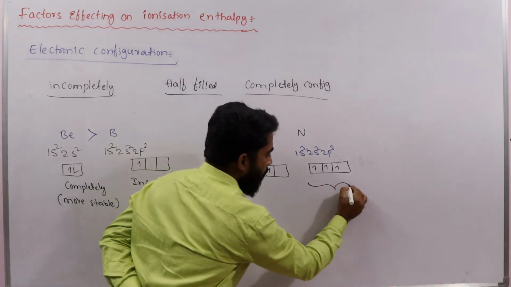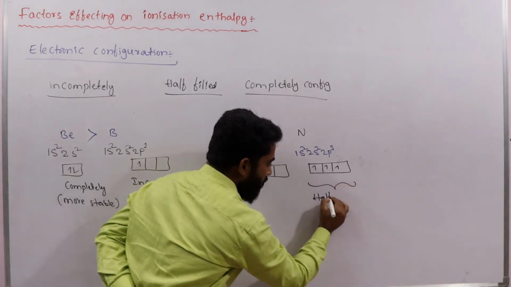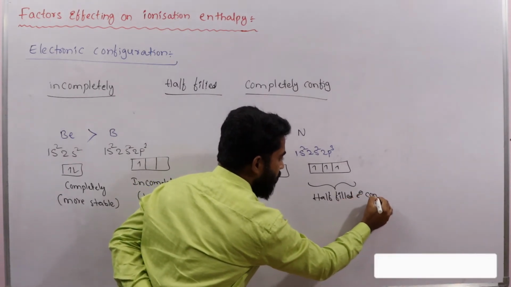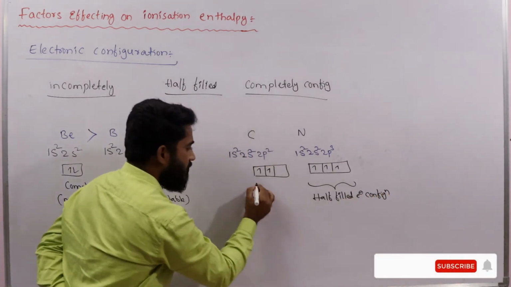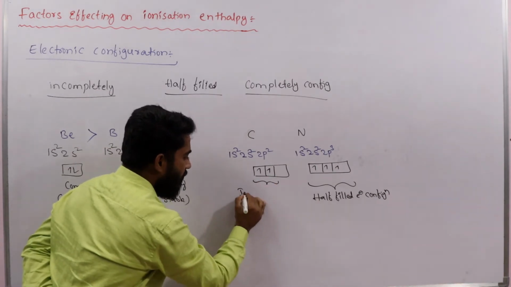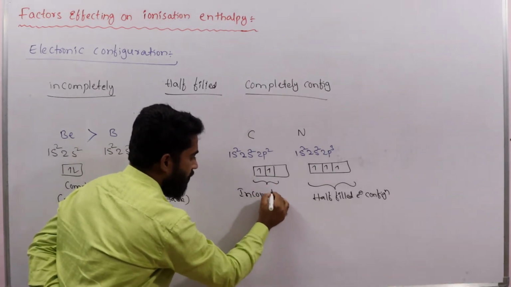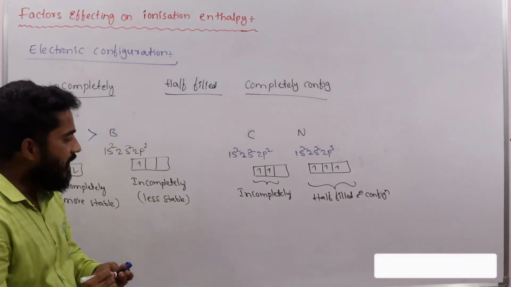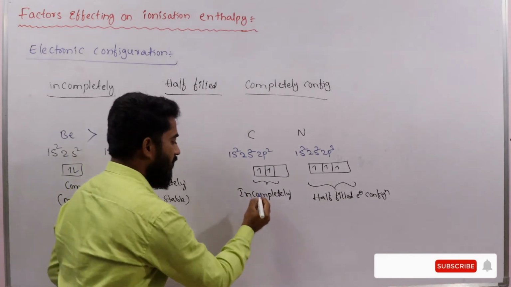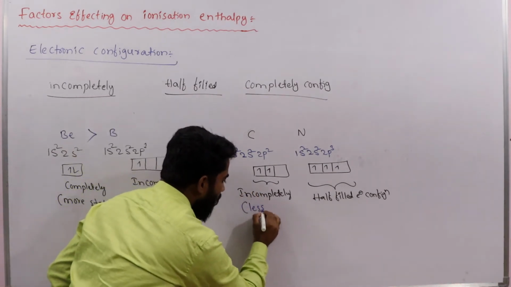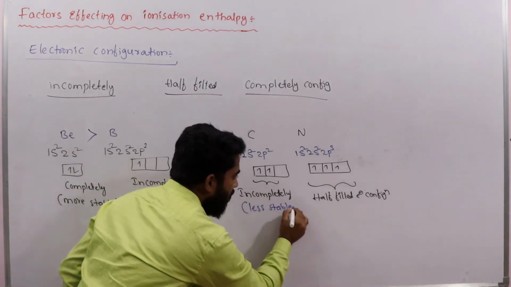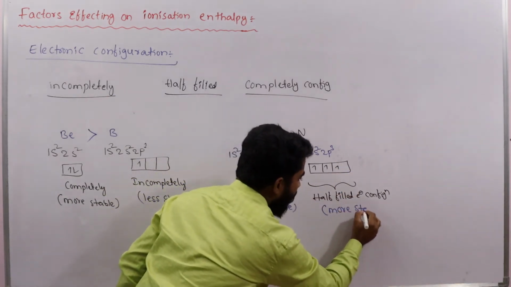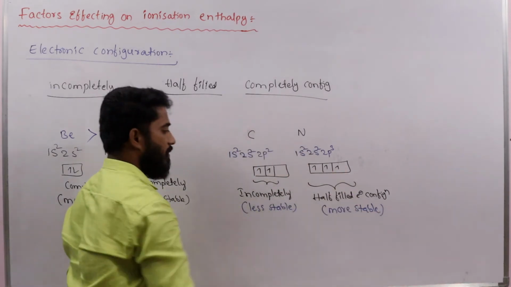This is called a half-filled electronic configuration, and carbon's is an incompletely filled configuration. An incompletely filled configuration is always less stable than a half-filled configuration. Half-filled is more stable.